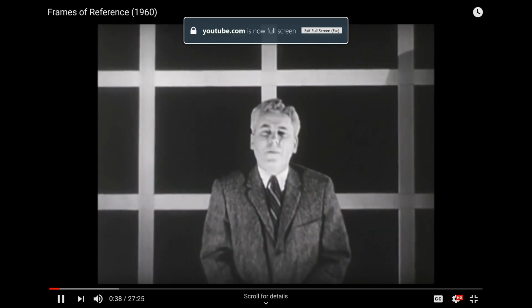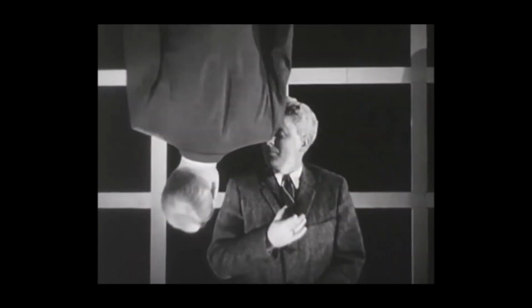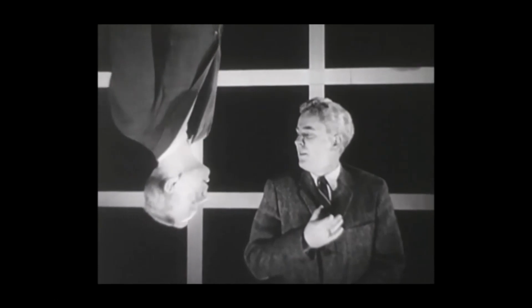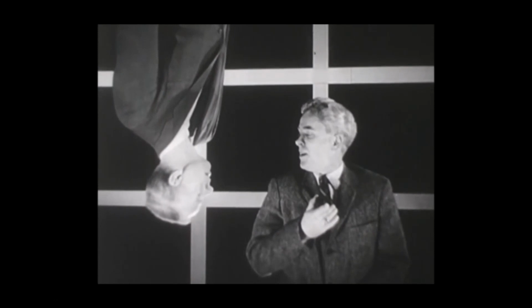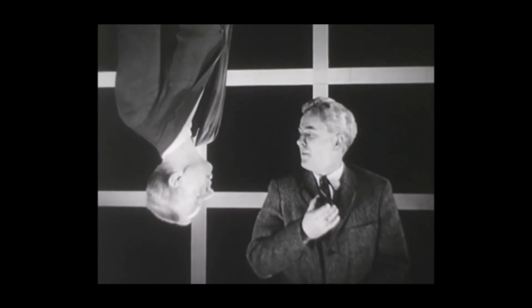We are used to seeing things from a particular point of view, that is, from a particular frame of reference. And things look different to us under different circumstances. You look peculiar. You're upside down. No, you're the one that's upside down. No, you're upside down. No, I'm not. He's the one that's upside down, isn't he? Well, let's toss for it.